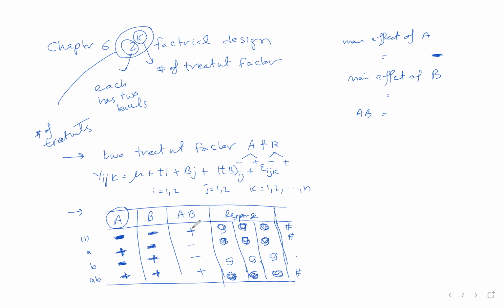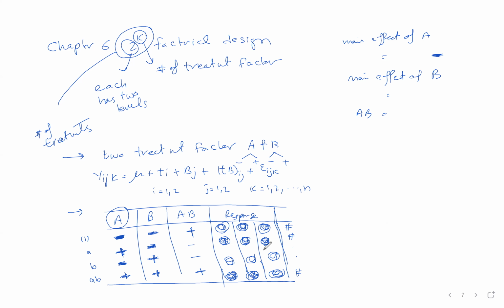So we calculate the average of plus, so the average of these 6 values, minus the average of minus, the average of these 6 values, to give you the interaction effect AB. If this interaction effect value is big, the interaction will be significant. If the value is small, the interaction is not significant.